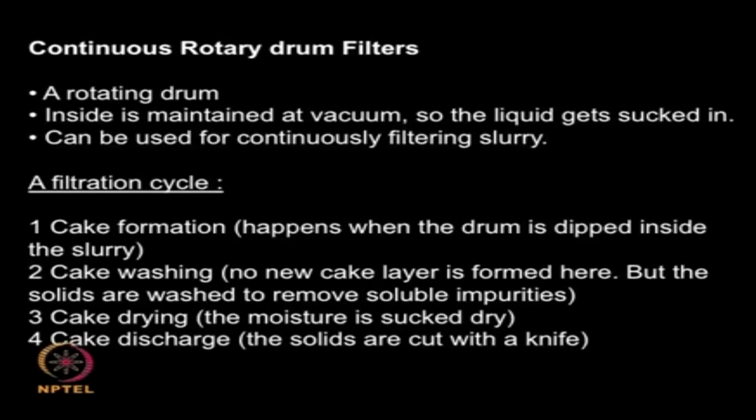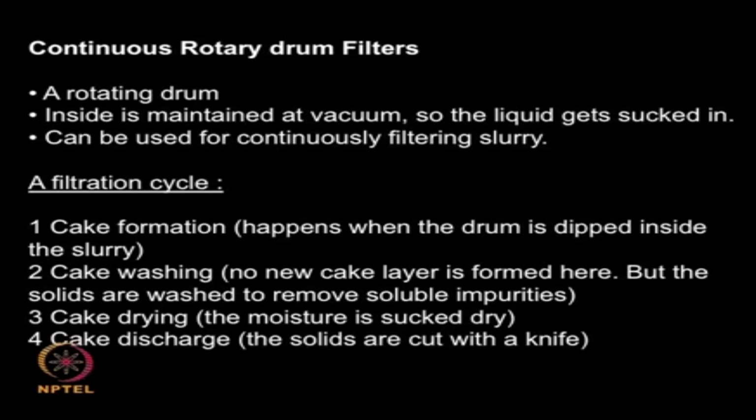You have a large drum rotating slowly and there is a vacuum applied inside the drum, so the slurry gets sucked, the solids get retained on the surface of the drum, and the liquid travels right inside. As the drum rotates, you may have washing of the cake that is deposited on the surface of the drum. If there are any impurities which dissolve in the washing liquid, they dissolve and get sucked in.